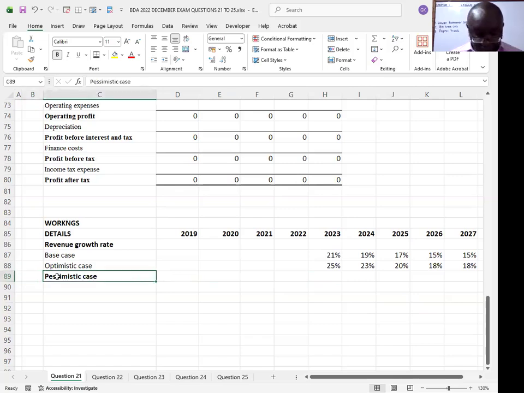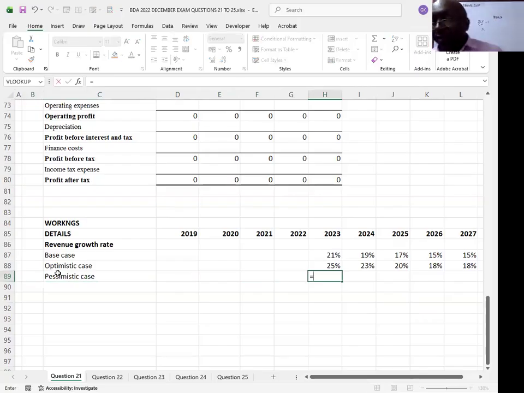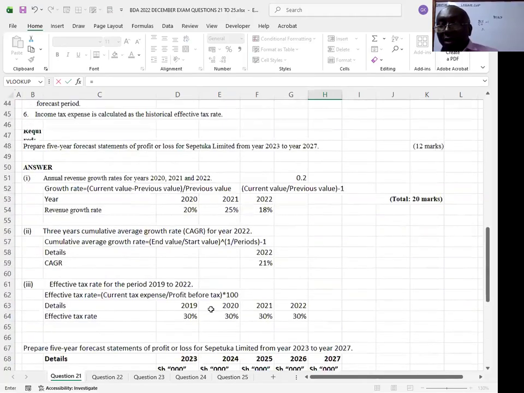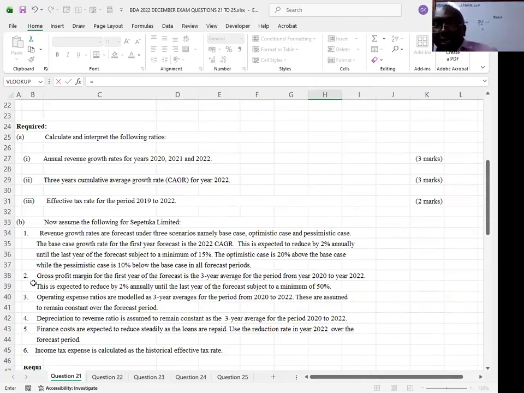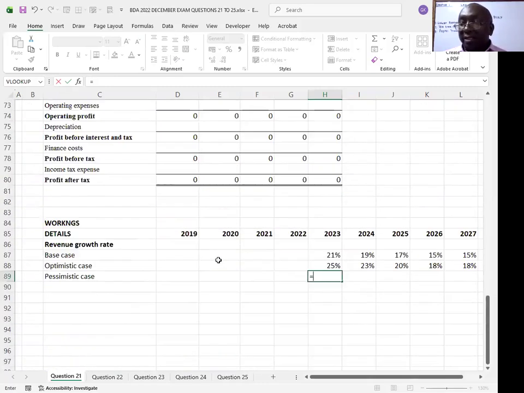Now, in the pessimistic case, we shall say equals. Equals what? They're telling us the pessimistic case is 10% below the base case. So if it's 10% below, I will say it is this CAGR, the base, times 0.9.